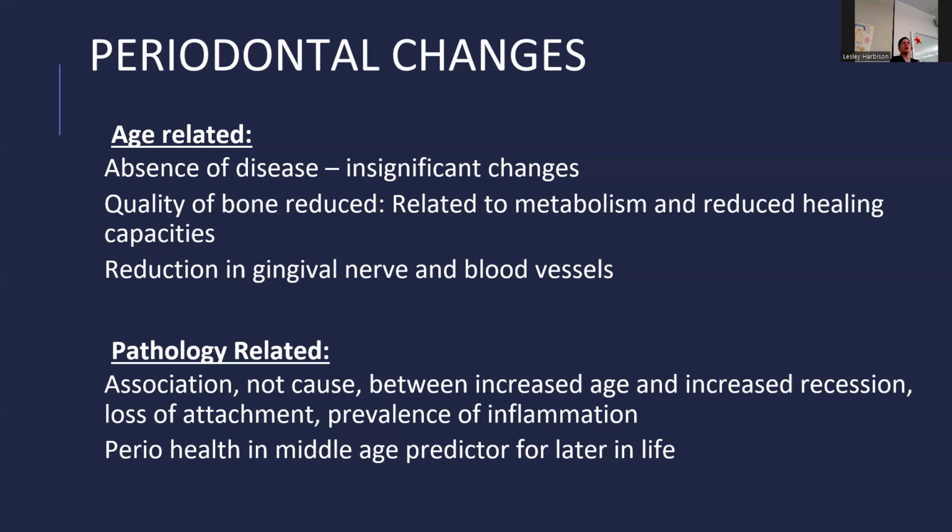Because remember, periodontal disease is one of those things we say is never really cured, it's just stabilized. So if you have periodontal disease and you have a susceptibility to it, you always have a susceptibility to it. You can't say, oh, I cured that. You have to go back and make sure that you're on top of it because you're susceptible.